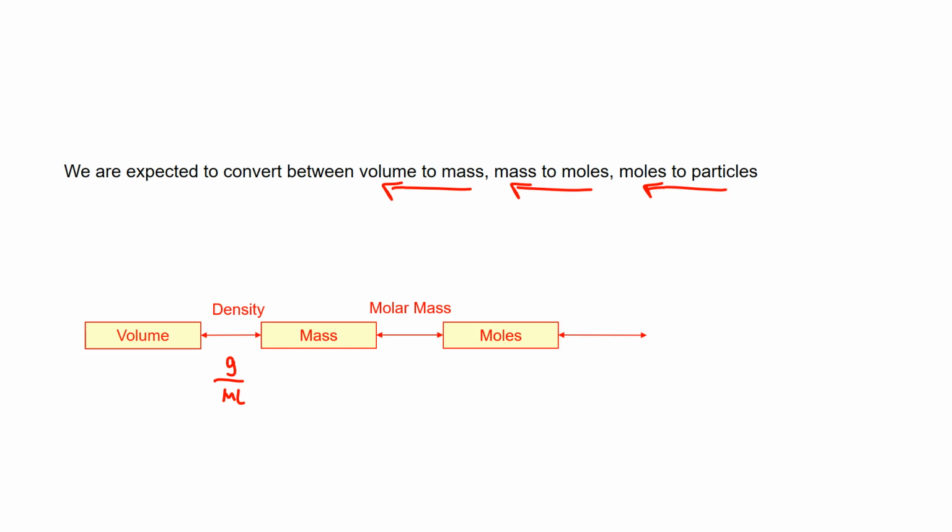So the same thing's going to apply on this next one. If I want to get to particles, now comes up the one that y'all were trying to say before. What number am I going to have to use to get to particles? Avogadro's number.